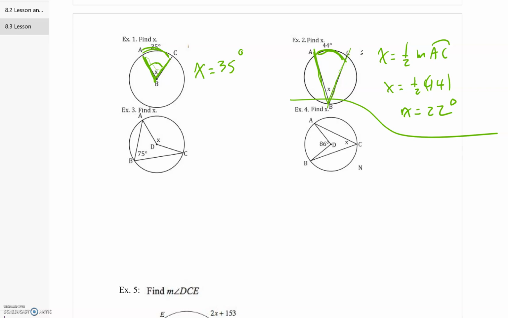What about number 3? We've got a central angle here, and we know that it's equal to this arc up here, so that's X. But that's going to be double the inscribed angle. 75 has to be half of X. So if you do some algebra there, multiply by 2 on both sides, the half and the 2 cancel, and you get X is 150.